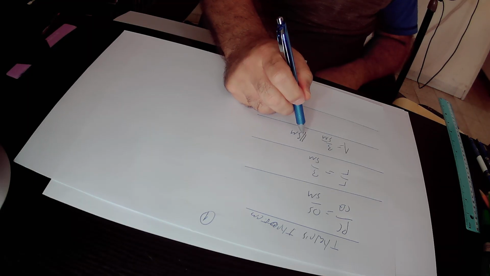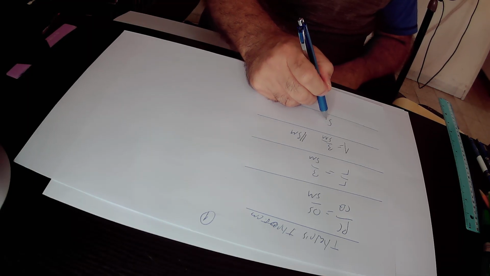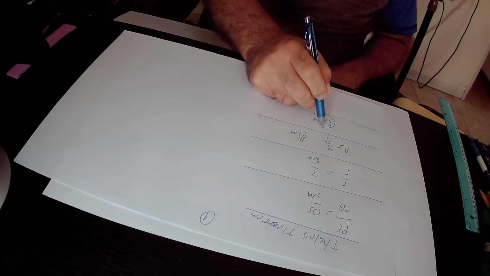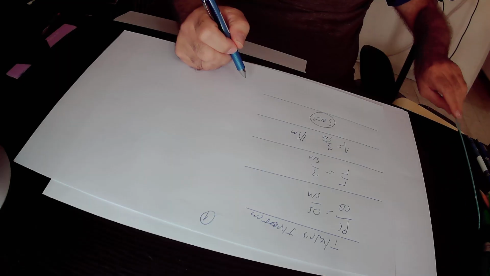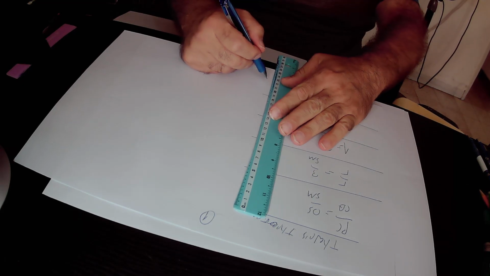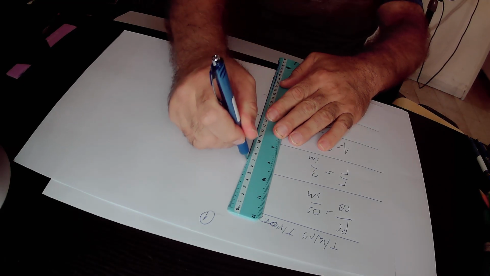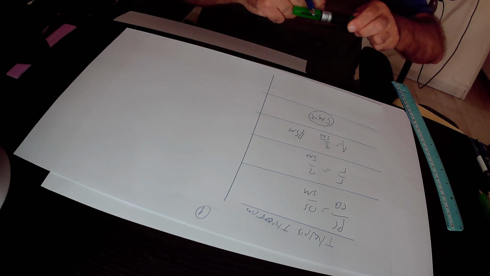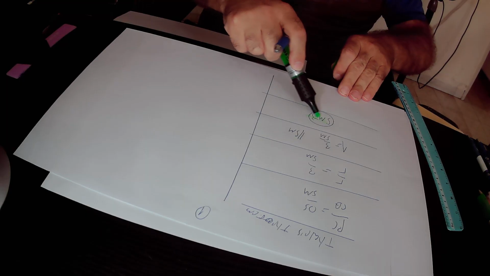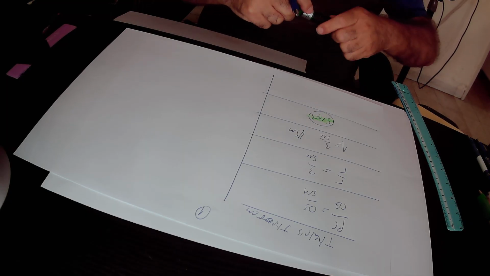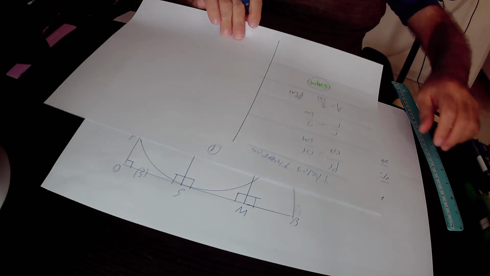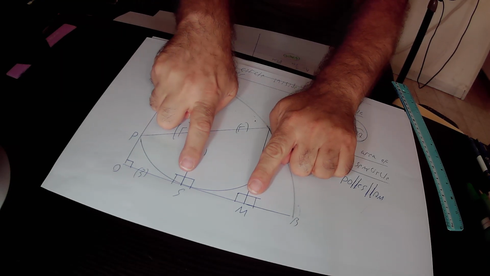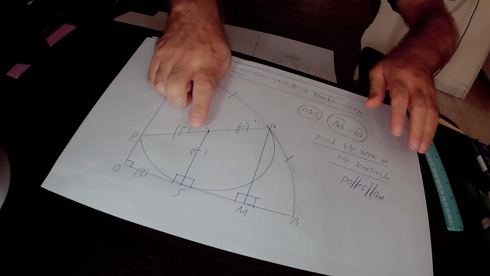And finally we get that SM equals 3 units in its length. This is the line segment SM that equals 3 units in its length.